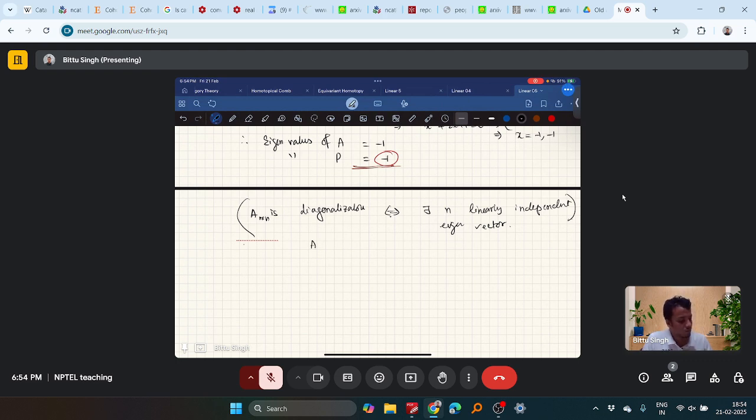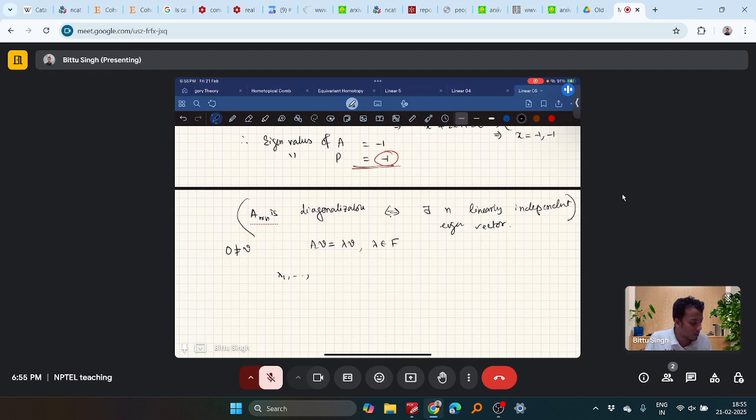Eigenvector means, if there is some non-zero vector v, it is said to be an eigenvector if Av equals lambda times v, where lambda is some scalar. Then v is said to be an eigenvector. And if those lambda 1 up to lambda n are distinct, let me show why this is true.